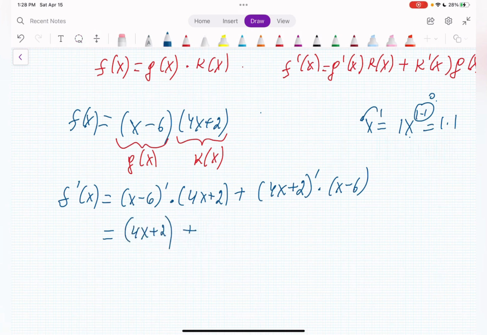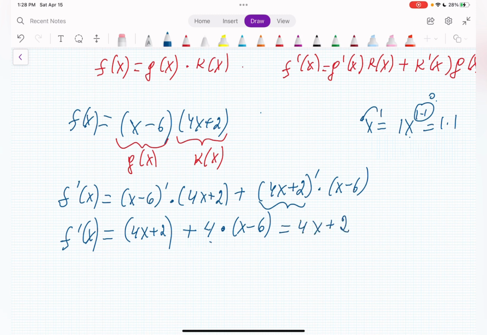Plus, so we're taking the derivative now for 4x plus 2. The derivative of 4x is 4. And the derivative of 2 is 0. So we don't put it. Times x minus 6. Because the derivative of a constant term is always 0. So what do we get? The f prime of x is equal to 4x plus 2.